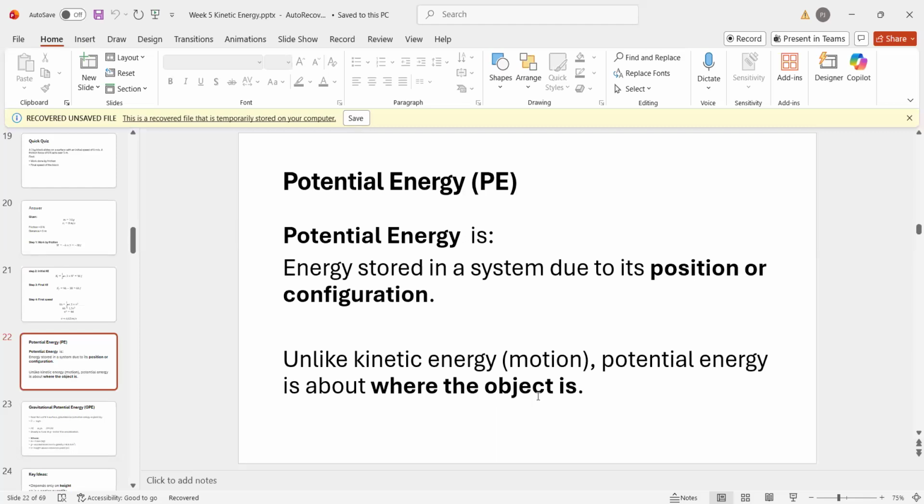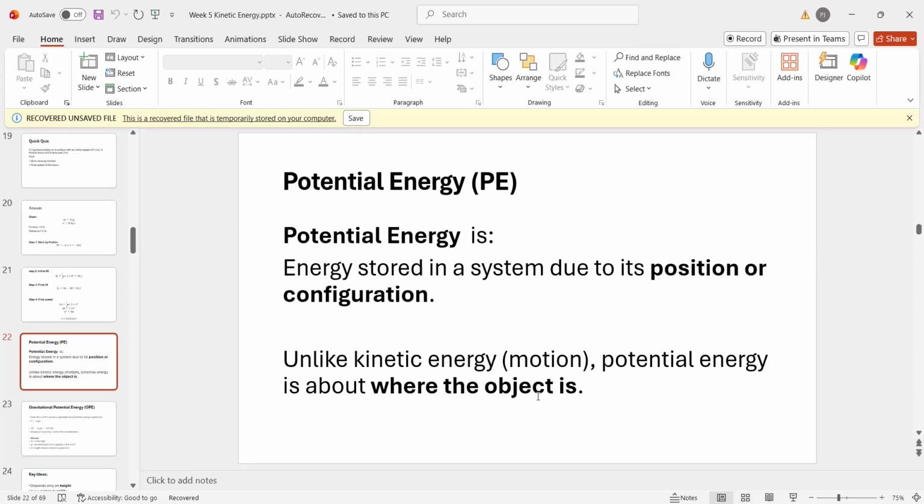So if you talk about kinetic energy, you definitely have to talk about potential energy. Potential energy is the energy possessed by a body due to its position. So a body that is at a particular position possesses potential energy.